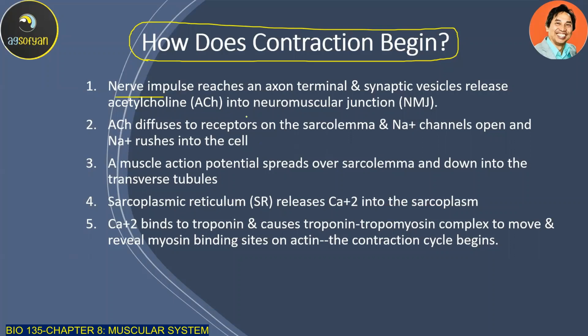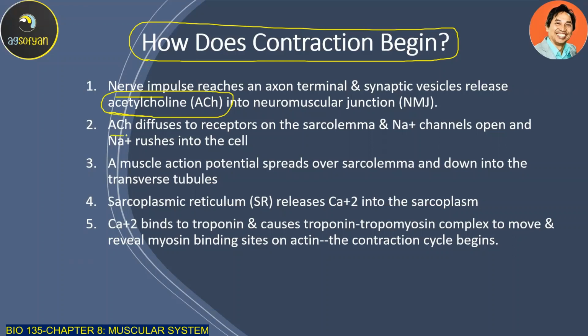The special neurons called motor neurons go to the muscle cell and release a neurotransmitter into that muscle cell. That neurotransmitter is called acetylcholine.